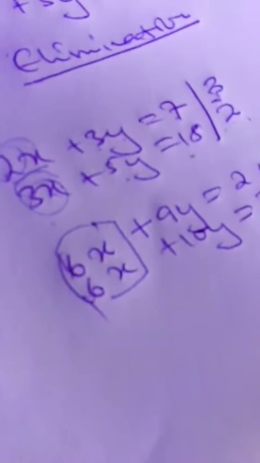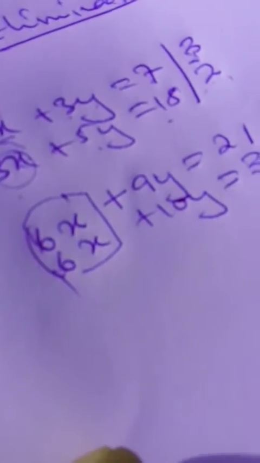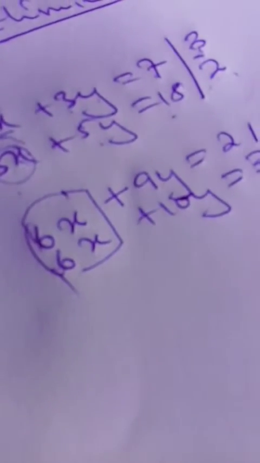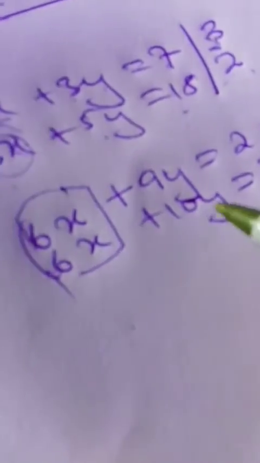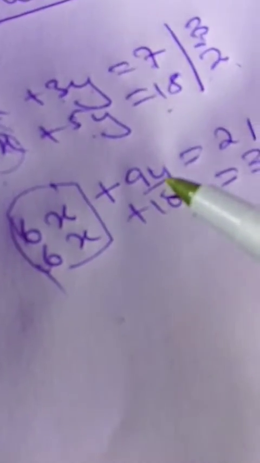Alright, how then to eliminate x? We are going to subtract: 6x minus 6x, we get a 0. Then 9y minus 10y gives a negative y is equal to 21 minus 36, we get a negative 15.